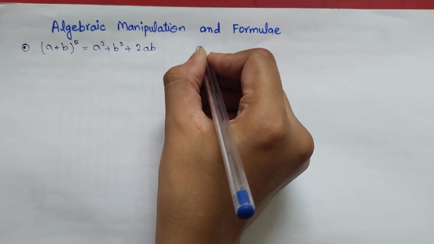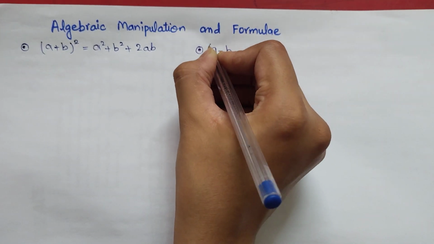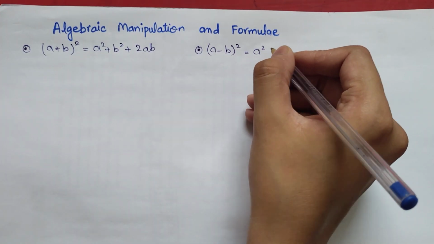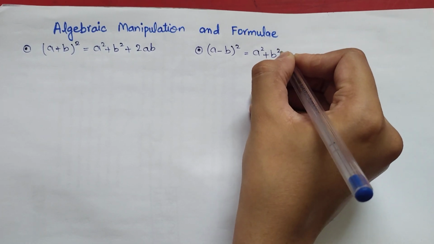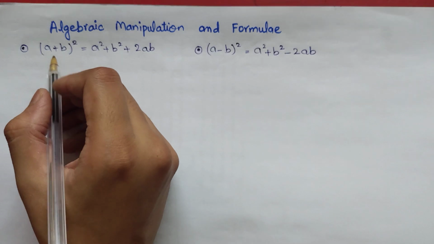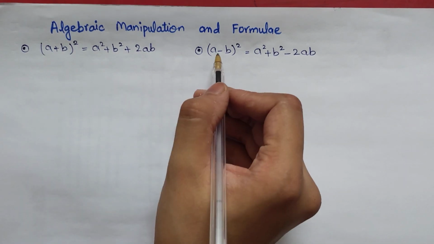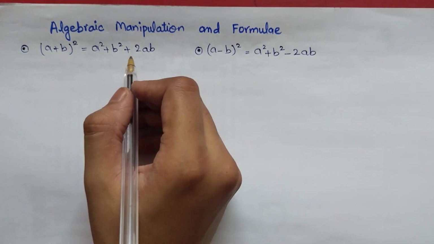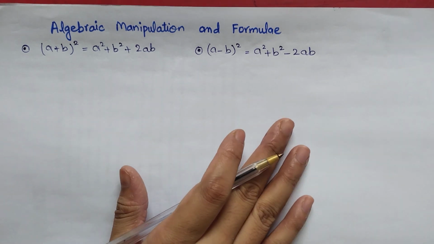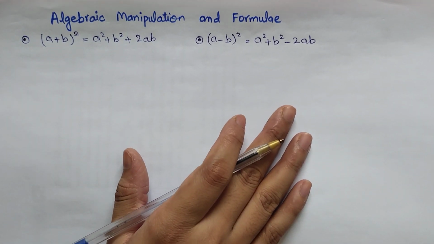The next formula is (a − b) whole square is equal to a square plus b square minus 2ab. In both the formulas there is the difference between plus and minus symbol, and in the formula expansion the difference is with the sign with 2ab.